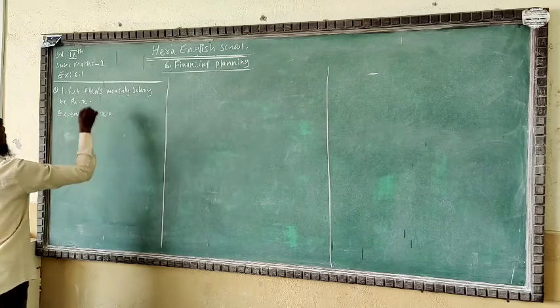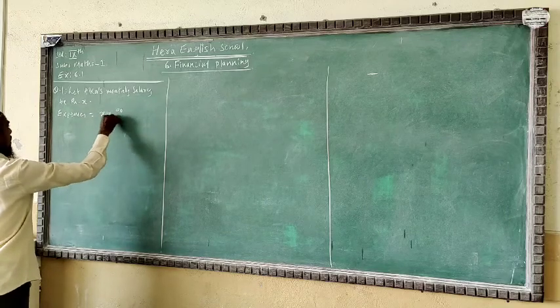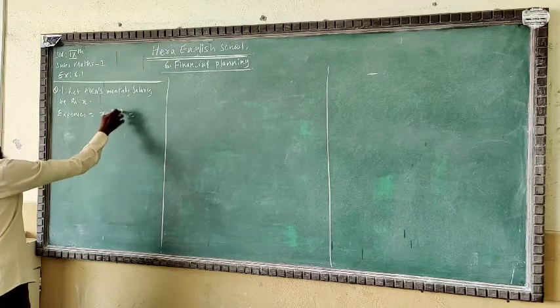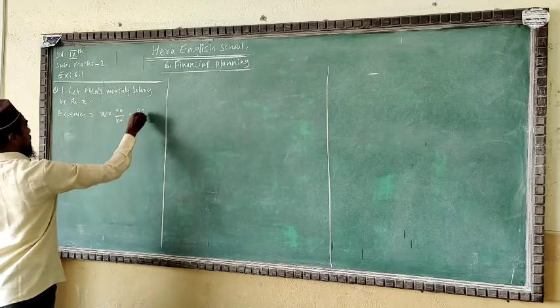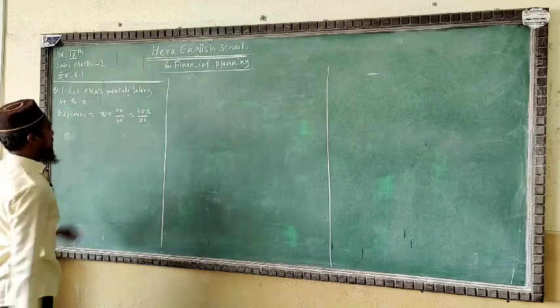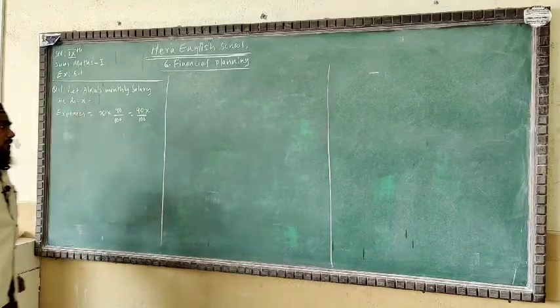The salary is X, and 90% of salary she spends monthly. So 90 into X, you will get 90X upon 100 as her expenses.